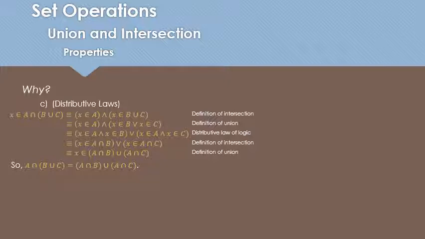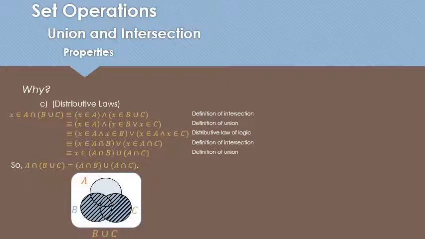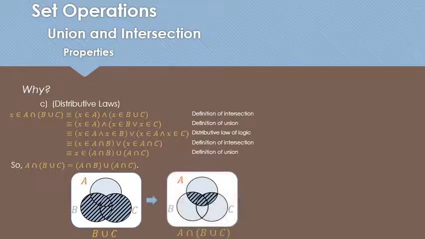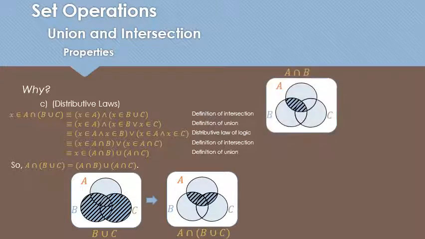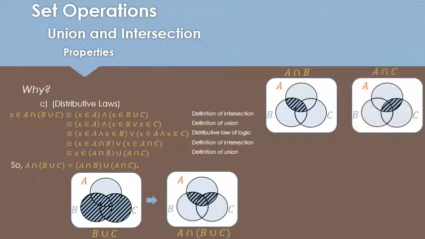And again, we can look at Venn diagrams to see why visually this should be true. So we'll start with B union C, and then I'll intersect that with A. So there's A intersect B union C. That's the left-hand side. Now I'll look at the right-hand side. We have A intersect B, and we have A intersect C, and then we can take the union of them to get to the right-hand side.